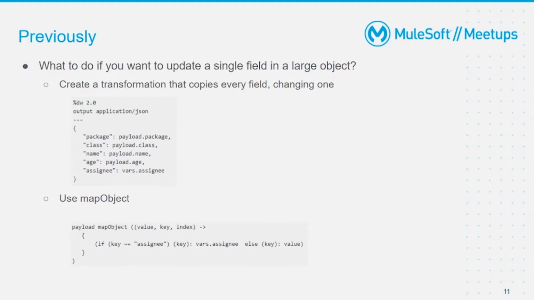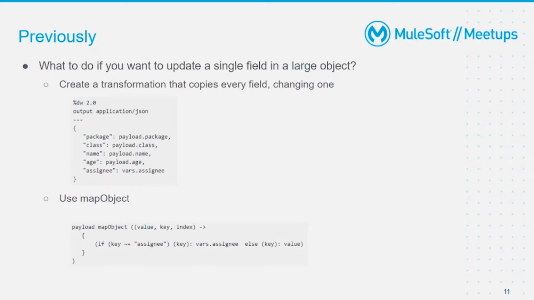The problem here is that DataWeave is a functional language, as I mentioned, so we don't have declarative statements that let us just update a single value. If you were in Java and you wanted to update a single value out of an object, you could write a pretty simple line of code that just changes that value.